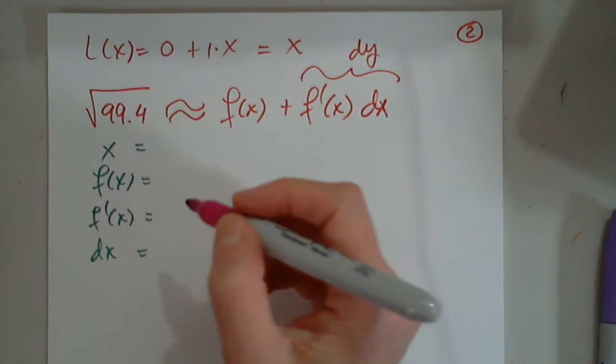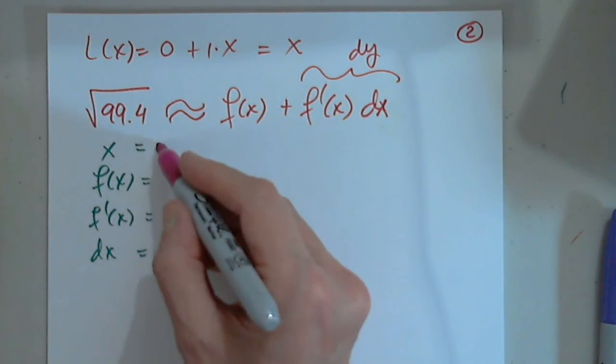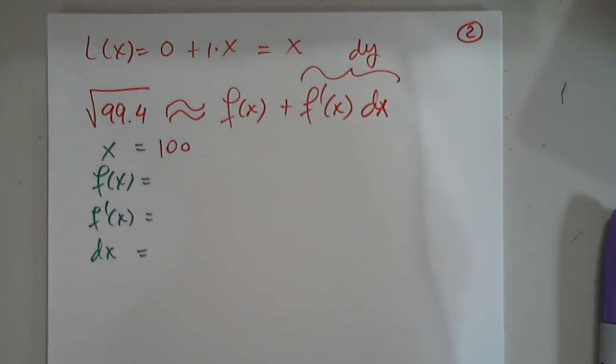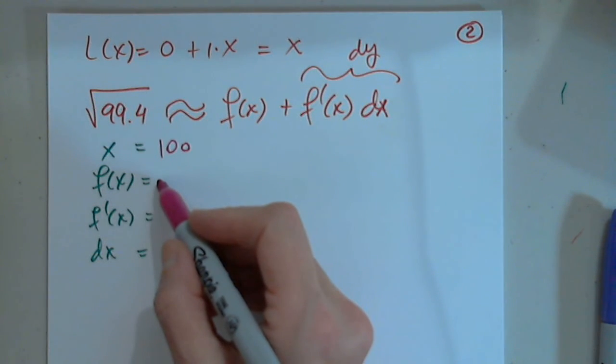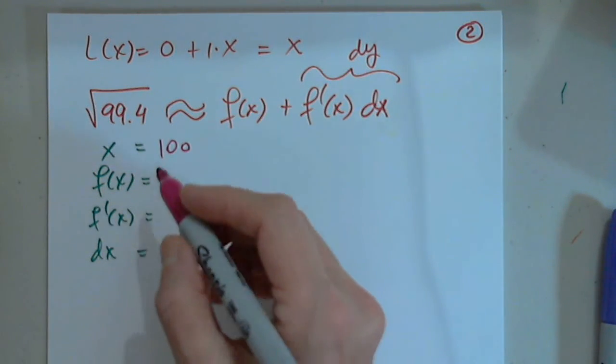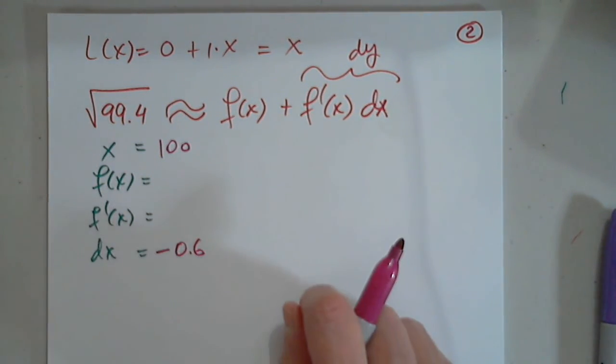I'll accept anything. X is 100. Very good. Awesome. Is dx 0.6 or negative? That's it. Good.